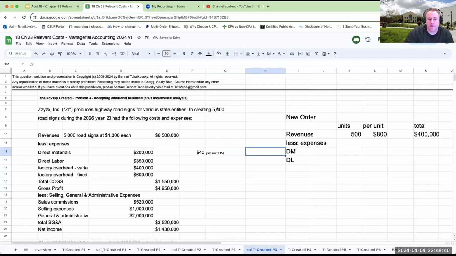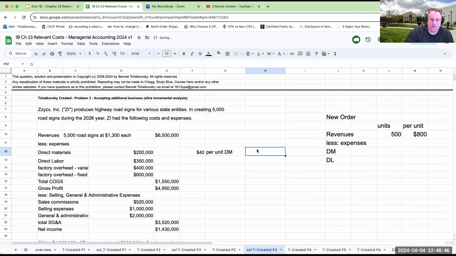Very, very important that we see this. How did I get that 40 bucks? Well, the 40 is going to be 200,000 divided by the 5,000 units produced, or 40 per unit. So that's what we're looking at right over here.